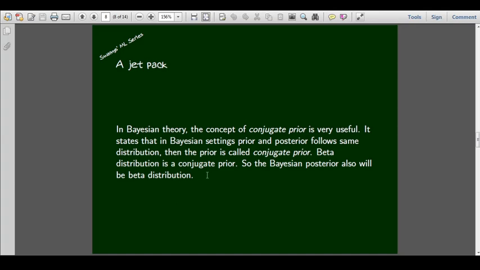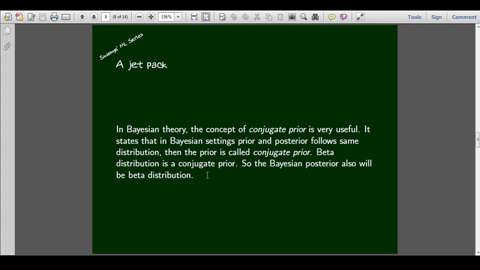In the case of the normal distribution, we have the same thing. Normal distribution is again a conjugate prior. That means if the prior distribution is normal or Gaussian, automatically the posterior distribution is Gaussian, the same shape. If the input, the prior knowledge, is Gaussian, then automatically the output, the posterior distribution, is also Gaussian. This is only valid if the conjugate prior idea exists.